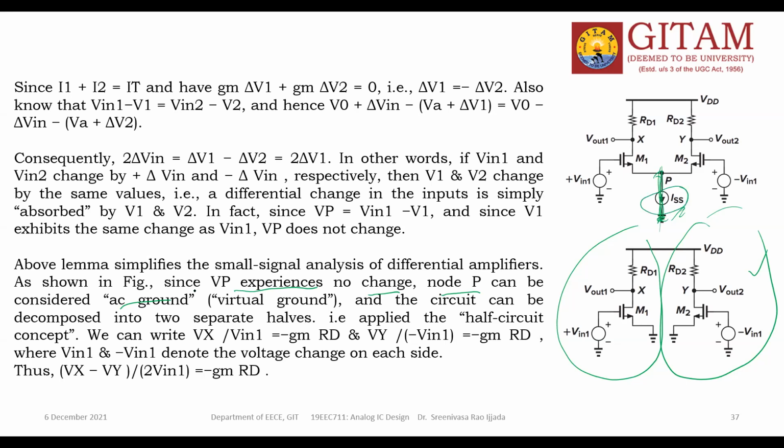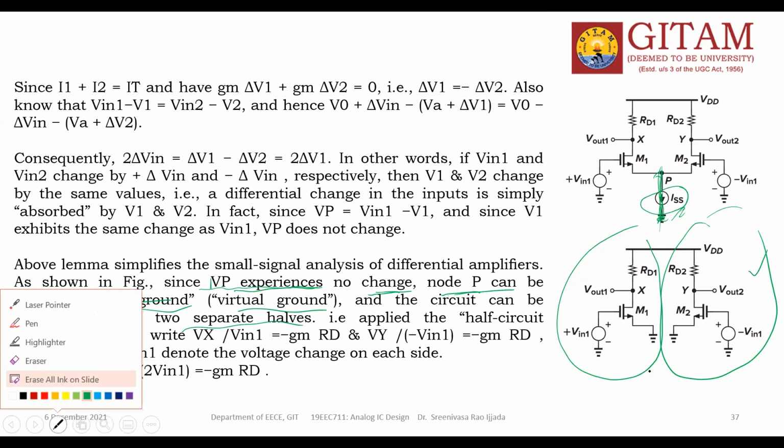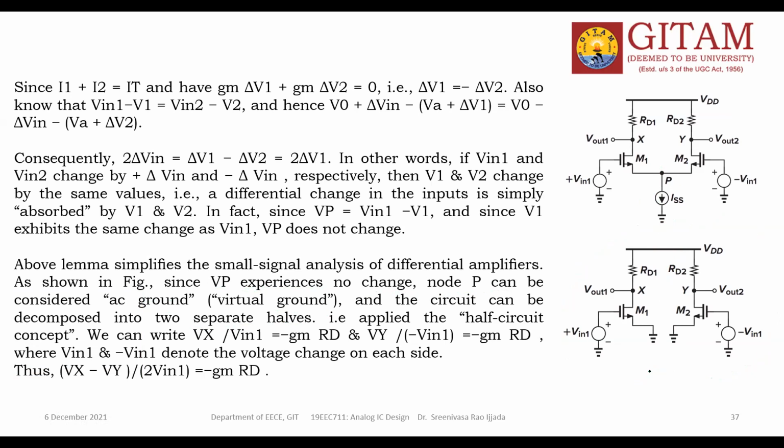So Vp experiences no change, which means at node P this is an AC ground or virtual ground. And now the circuit can be decomposed into two separate halves like this. So the above circuit is divided like this. We can write Vx by Vn1 is equal to Vy by Vn2 because these two are separated now.